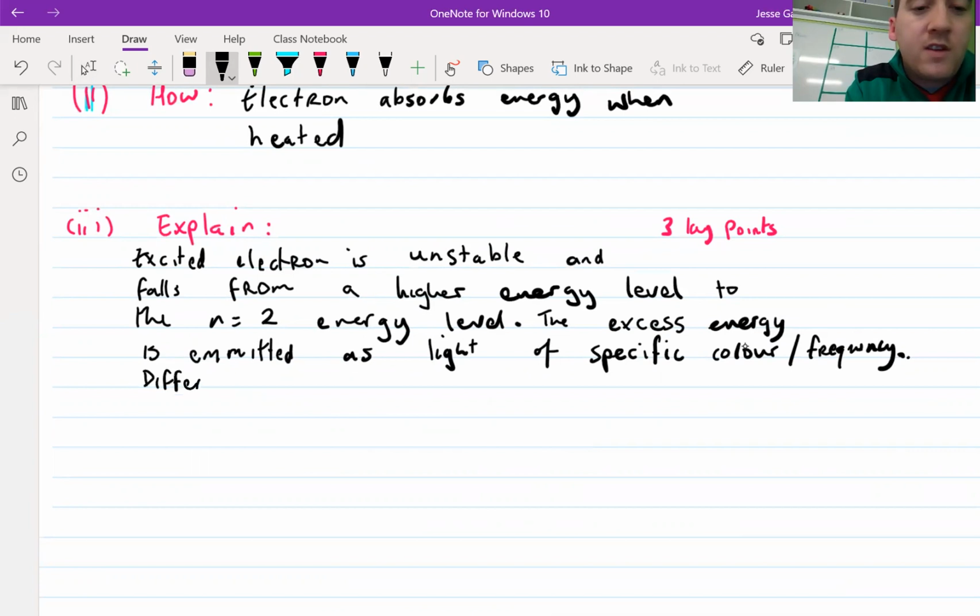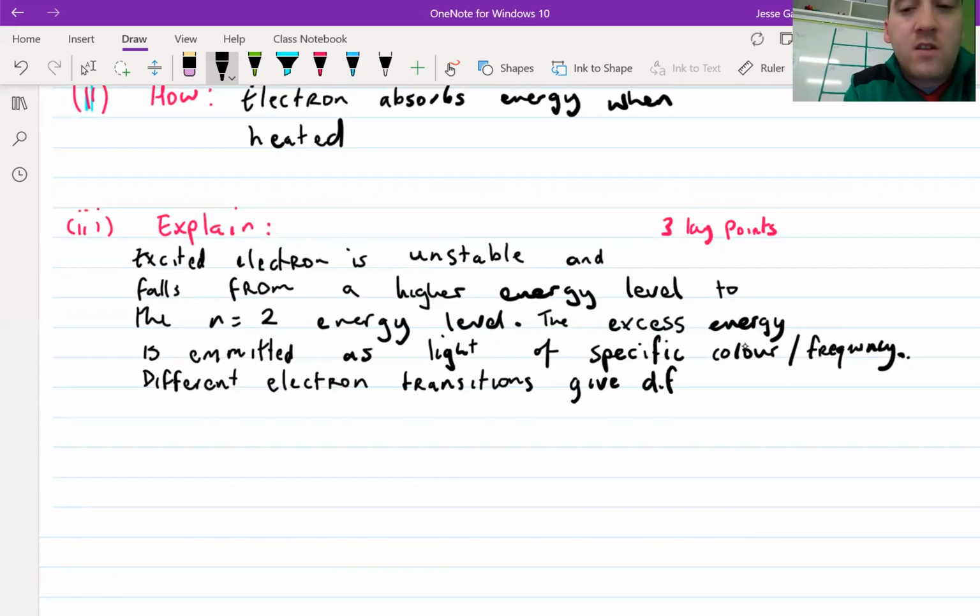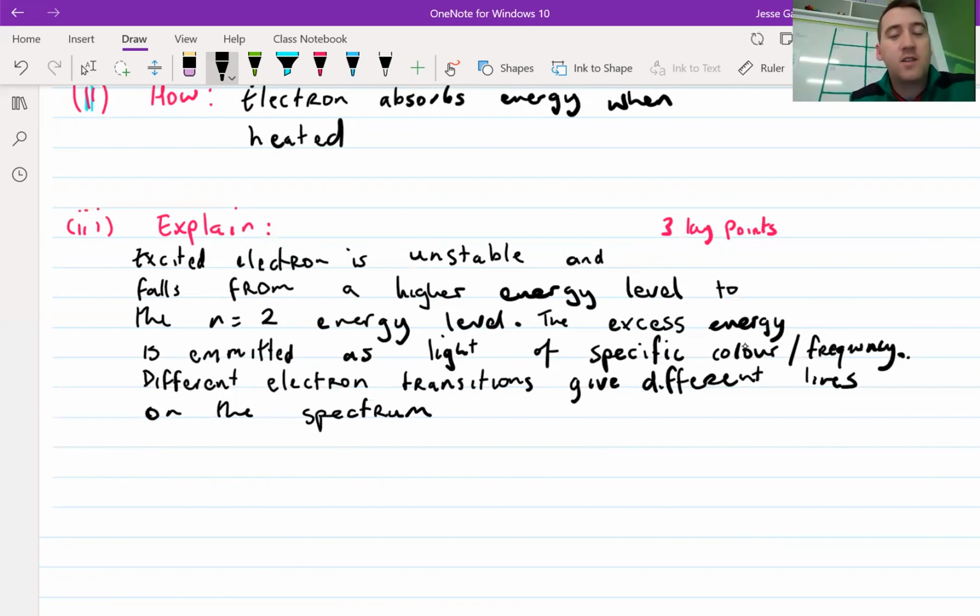So we would say different electron transitions give different lines on the spectrum. Quite a lot of detail there, but that's the level of detail we need for a 9 marker. This is 3 key points worth 9 marks. So pause the video again, check over my answer and make sure you're happy that yours is the same quality.